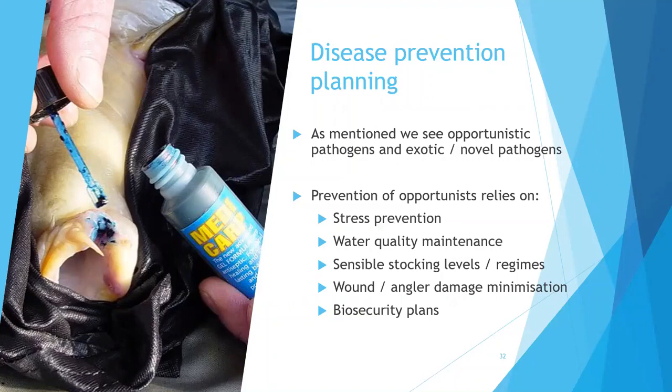We're talking about biosecurity planning here. Are we providing keep nets? Are we providing landing nets, unhooking mats, waistslings? We're trying to minimize that risk as much as we can through having good biosecurity plans in place. Is there an expectation that anglers have cradles for weighing and unhooking and measuring fish?